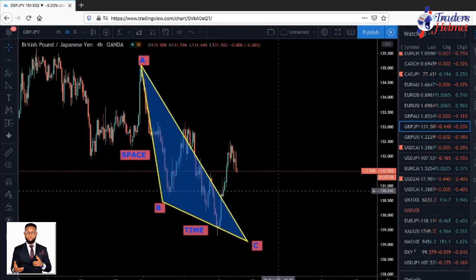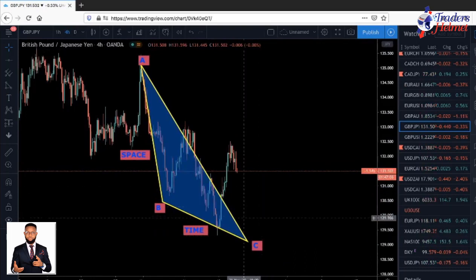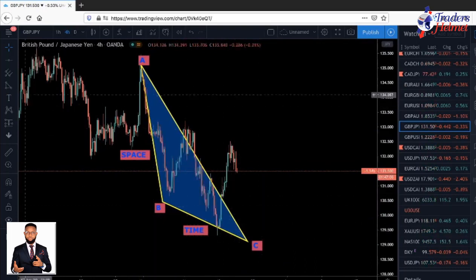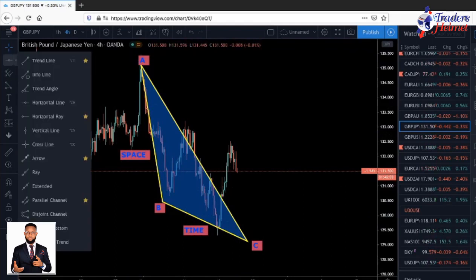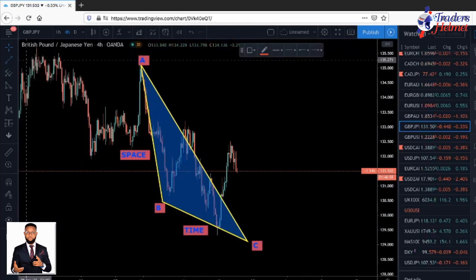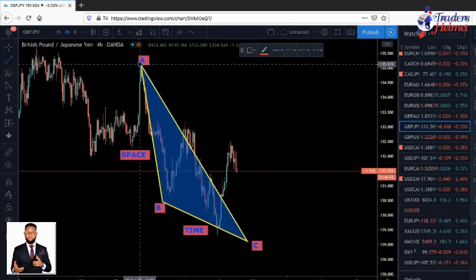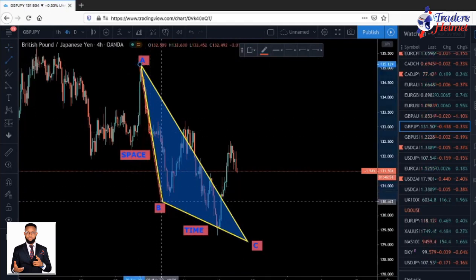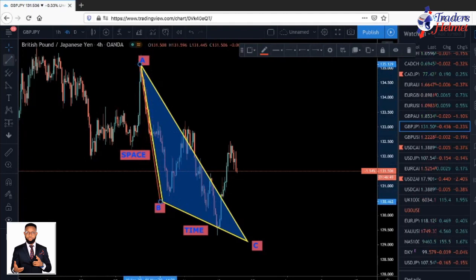Now, next we need to form a triangle. So we look for a trend line. Get a trend line. Run a line from point A to point B. Get your trend line again.